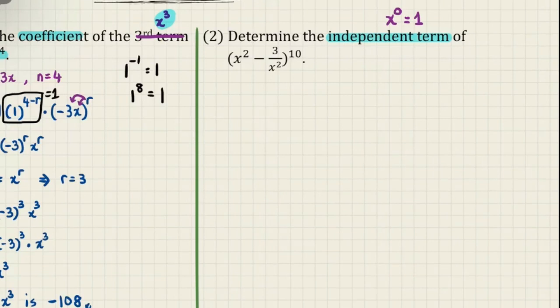So let's identify the value of A. A adalah x square. So B is negative 3x to the power of negative 2. Okay. Kuasa ini, x dekat bawah ni saya bawa ke atas. Okay. And then n kita adalah 10.